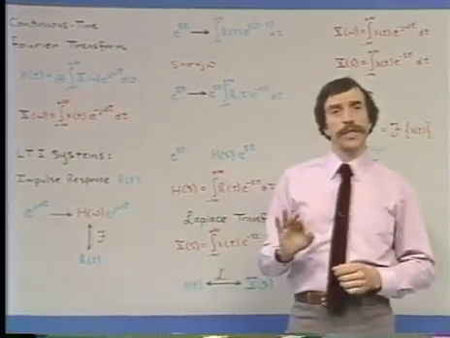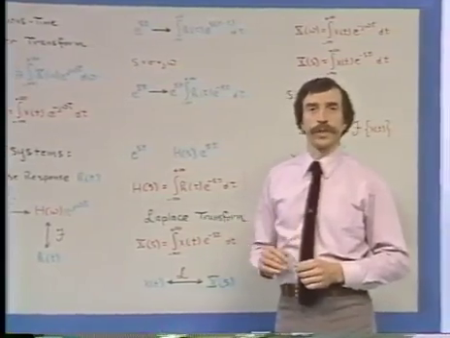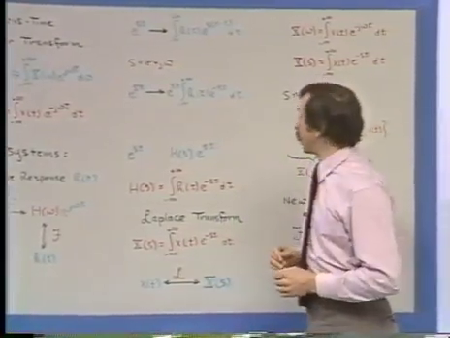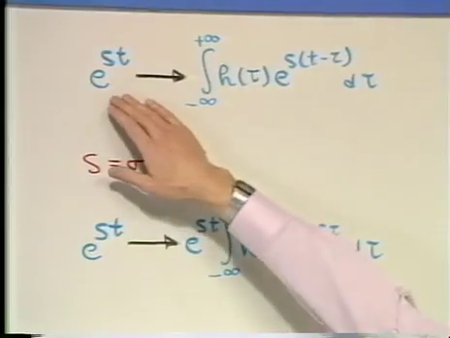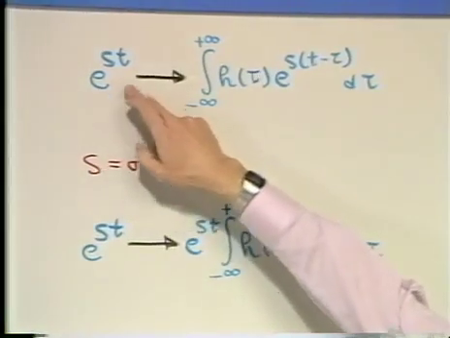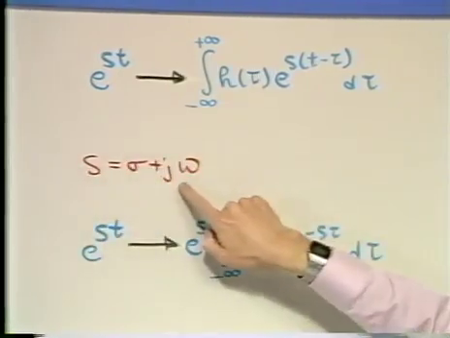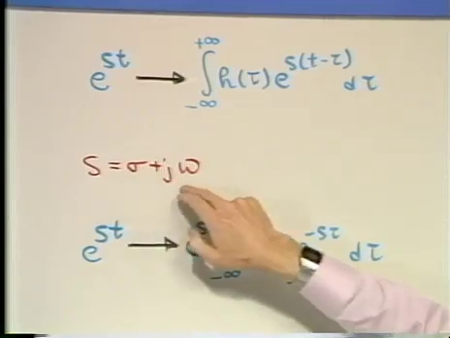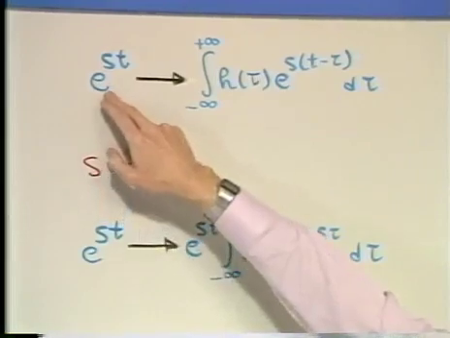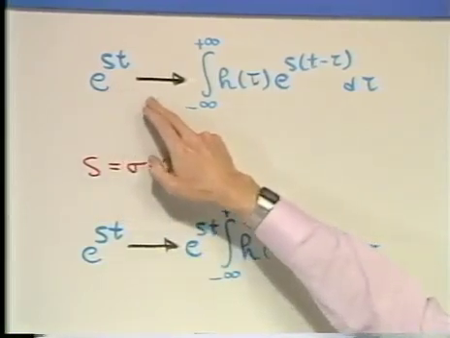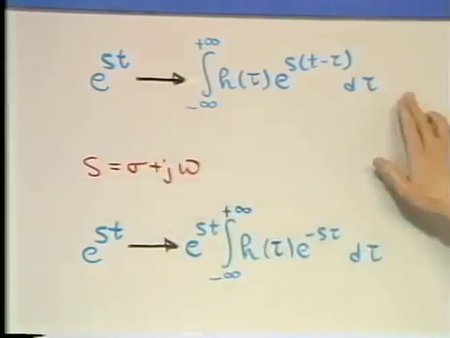Well, complex exponentials of that type are not the only eigenfunctions for linear time invariant systems. In fact, what you've seen previously is that if we took a more general exponential, e to the st, where s is a more general complex number, not just j omega, but in fact sigma plus j omega, for any value of s, the complex exponential is an eigenfunction, and we can justify that simply by substitution into the convolution integral.